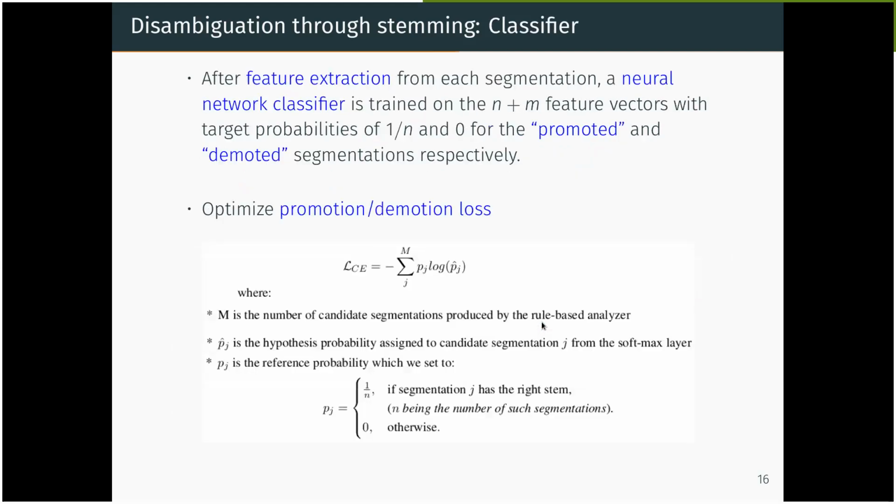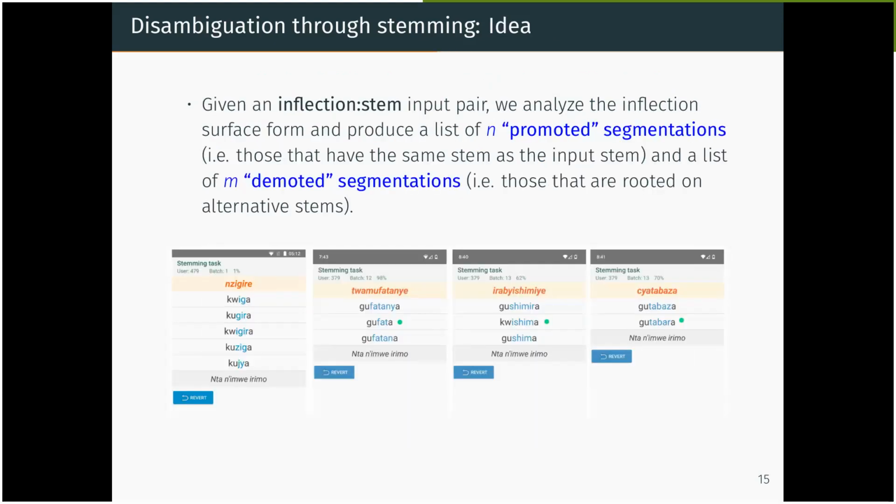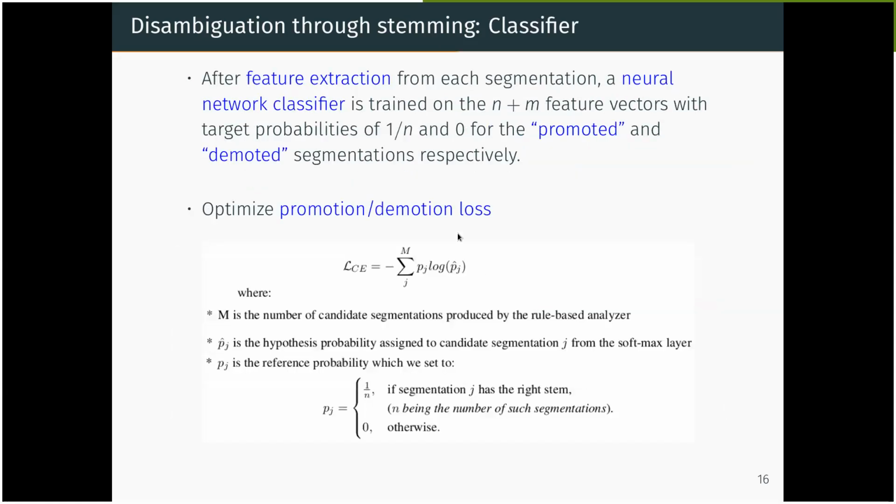To do that, we need to design a classifier, or at least something that gives probability to stems, which can be used for disambiguation. So these are some details of the paper. Because we somehow exceeded the time, I don't want to go into all of them, but whoever is interested can read the paper. But basically, the idea is simple.